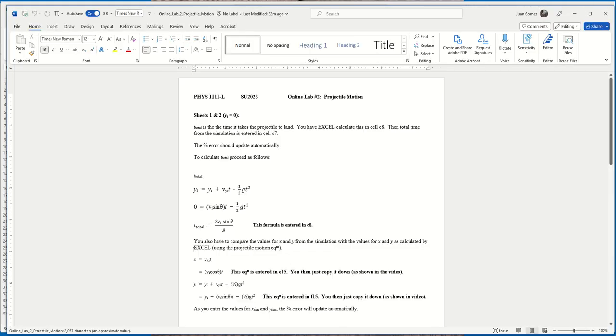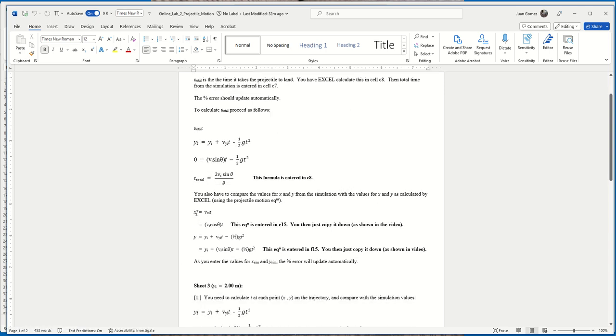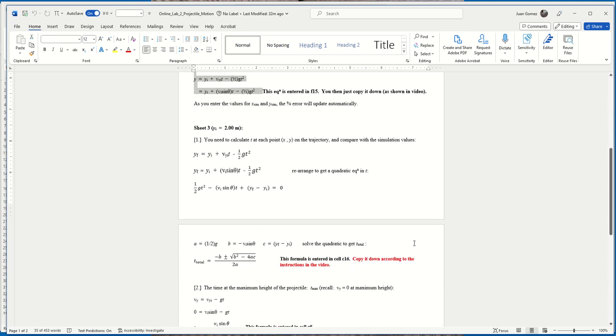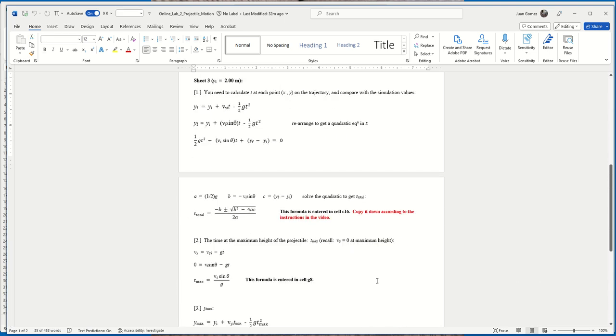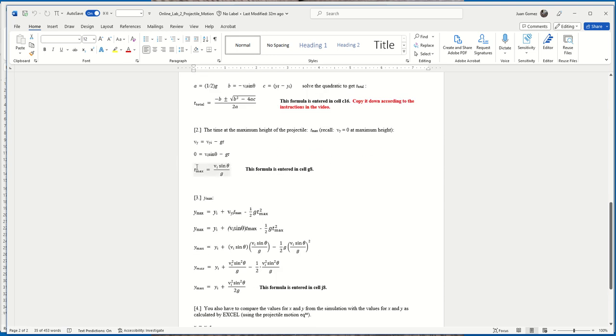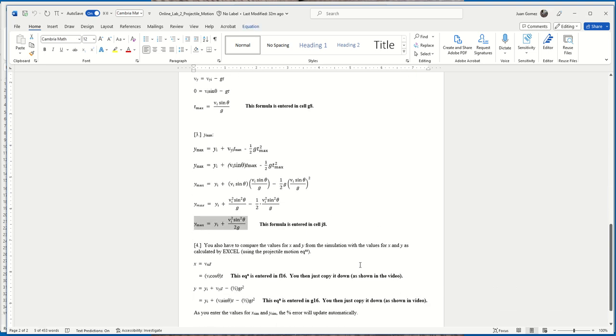Right here, that's the formula for the total time. These are the formulas where you calculate X and Y at each time. This is for sheet three, we'll get to that. This is the formula for T max, and this is the formula for Y max. So I've entered them in sheet one for you. Just copy them down.